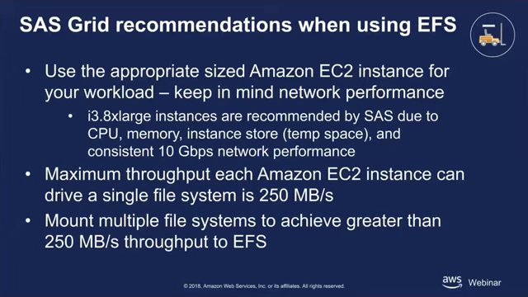Keep in mind that the maximum throughput each EC2 instance can drive to a single EFS file system is 250 megabytes a second. To achieve higher throughput than this, we recommend that you mount multiple file systems to each EC2 instance.